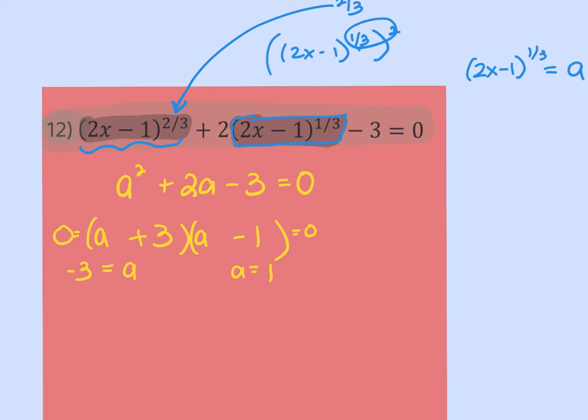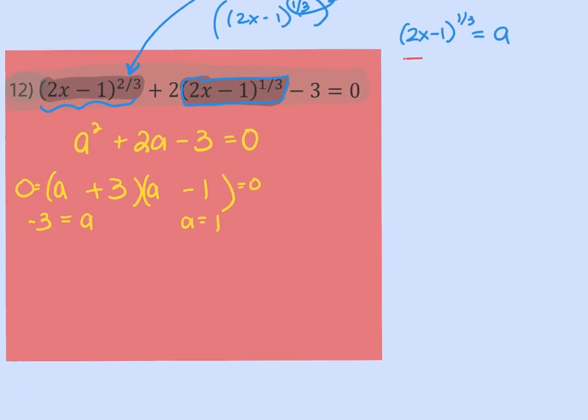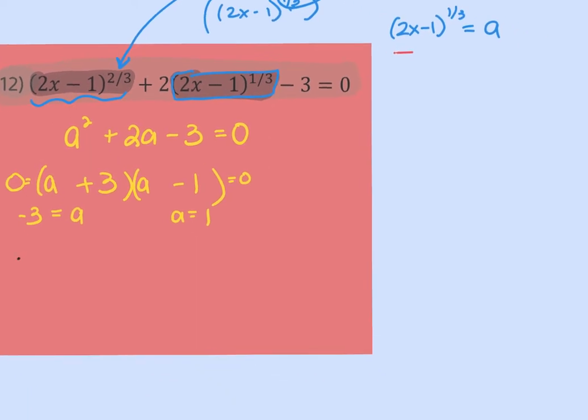That's what a equals. But I substituted in for a, so I really then have to take that and say 2x minus 1 to the 1/3 equals -3, and 2x minus 1 to the 1/3 equals 1.